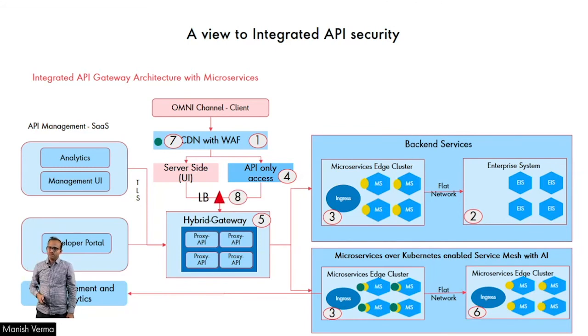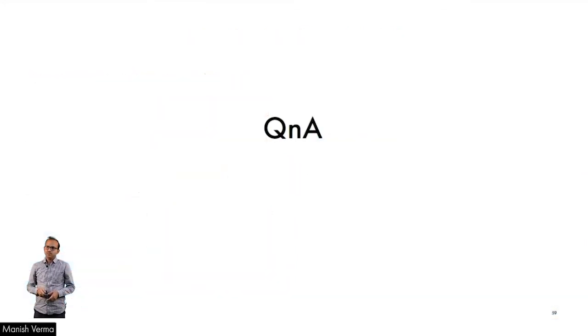Then I added a load balancer just above the hybrid gateway to safeguard it. And I can also add an AI component there. And finally, don't be surprised if you see API gateways coming with advanced AI abilities. Already there are API gateways that have these AI components, bot detection as an add-on, but don't be surprised, they will come as part of the component itself. That's my talk about API security. There is much more, but let's hear from you if you have any questions.